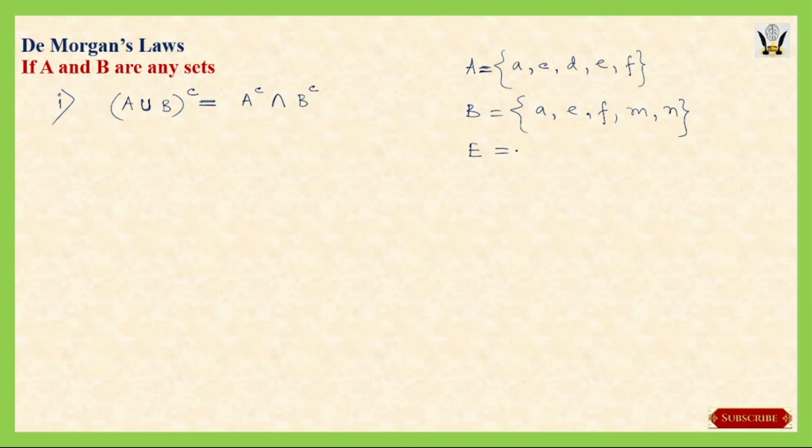Now for that, again, we will take this universal set which will have all the 26 alphabets. So here we are taking these 26 elements only to simplify our work. So here A complement will be what? A complement will be what we have seen in our previous law. So A complement will not have these 5 elements.